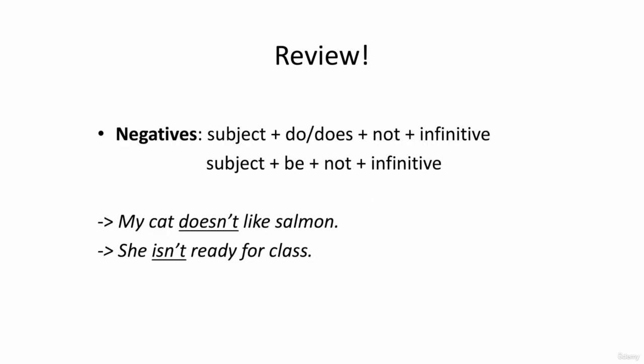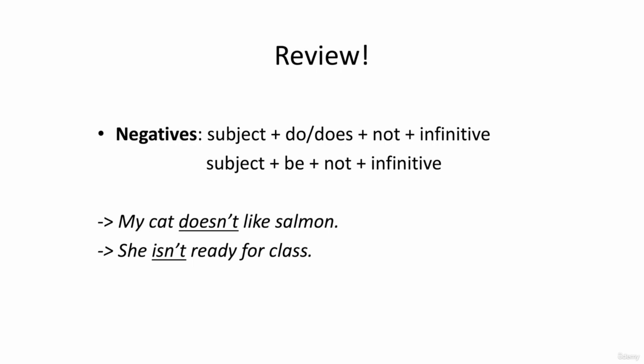To form negative sentences, we follow the constructions subject plus do or does plus not plus infinitive. We can also contract the auxiliary verb with not to create don't or doesn't.